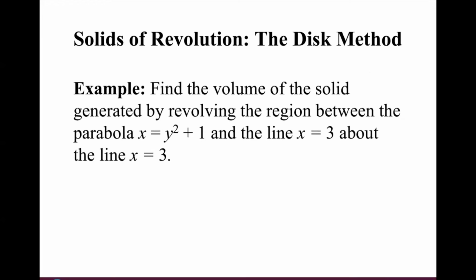For example, find the volume of the solid generated by revolving the region between the parabola x equals y squared plus 1 and the line x equals 3 about the line x equals 3.